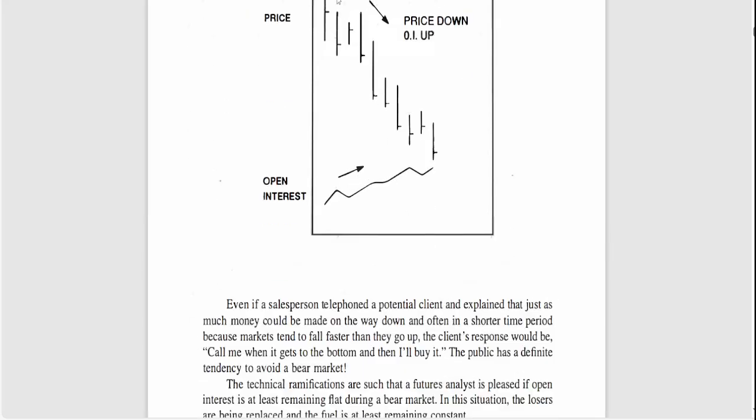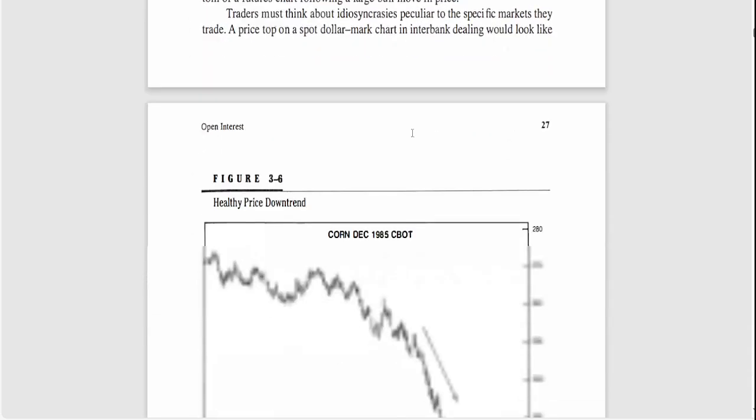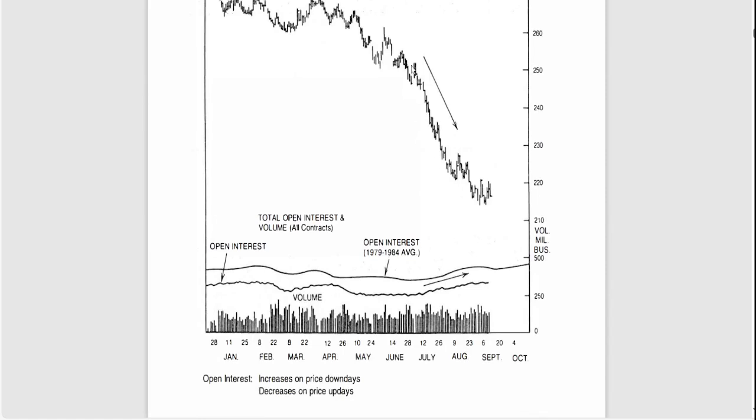It means as the market is going down, more buyers and sellers are being added, more fuel is being added into the market, and the market is actually interested in the downside. So open interest is increasing when the market is going down. It says the market is very bearish. Don't look for buy opportunities, only look for sell opportunities. Look, the market is going down and open interest is increasing. That means that is a healthy bearish trend.